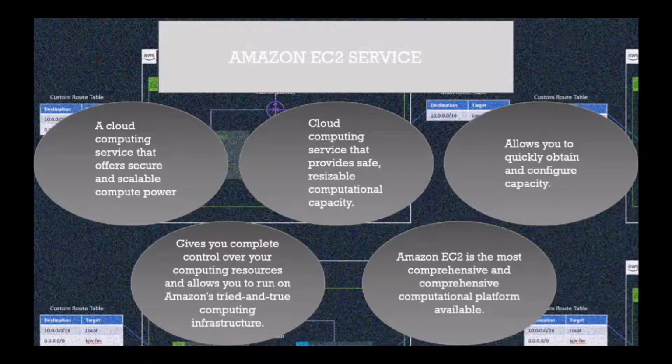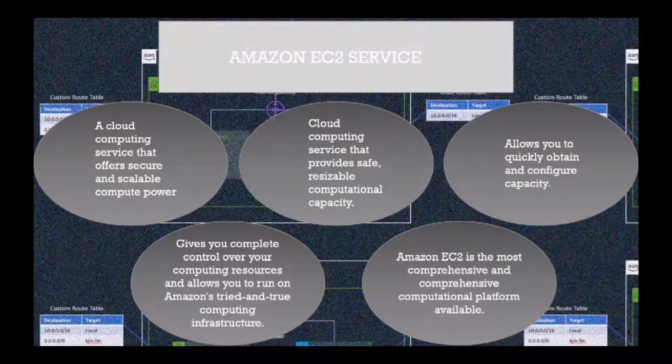The first thing that you must know in this topic is what the Amazon EC2 service is. Amazon EC2 is a cloud computing service that offers secure and scalable compute power. It also provides safe, reliable computation capacity.